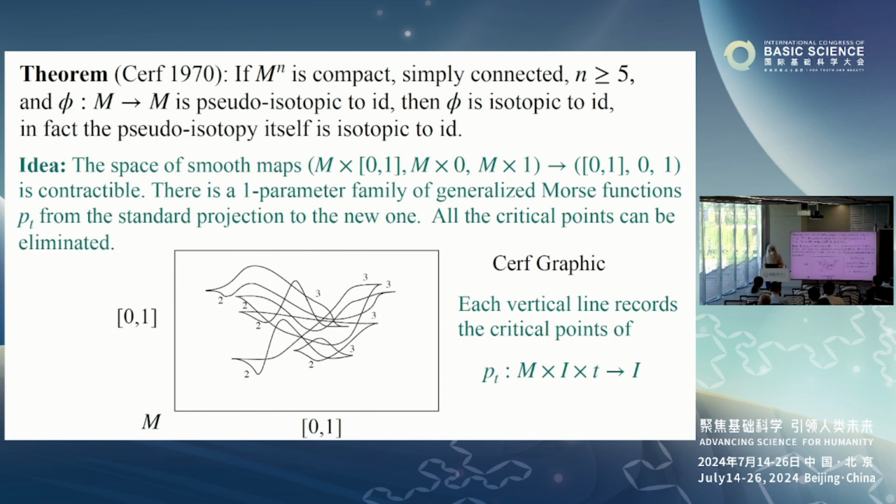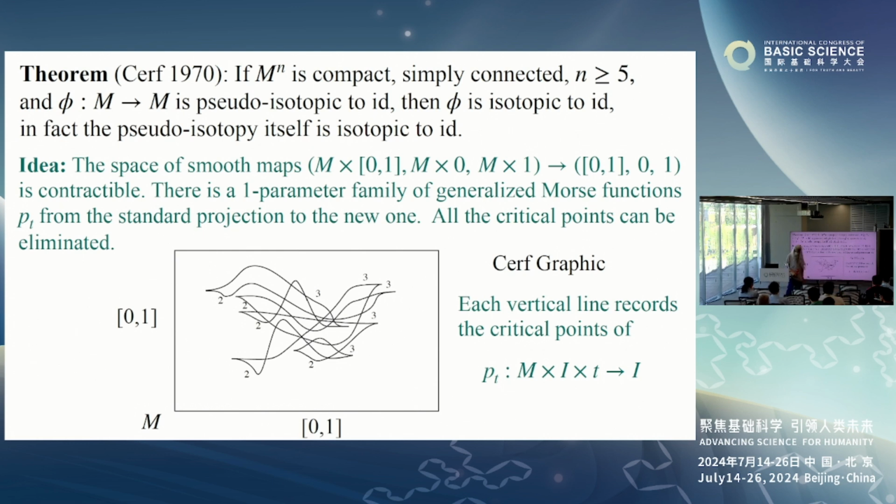So in the same manner, if you have this path and take a generic perturbation, then you get a one-parameter family of generalized Morse functions from the standard projection to this new one.